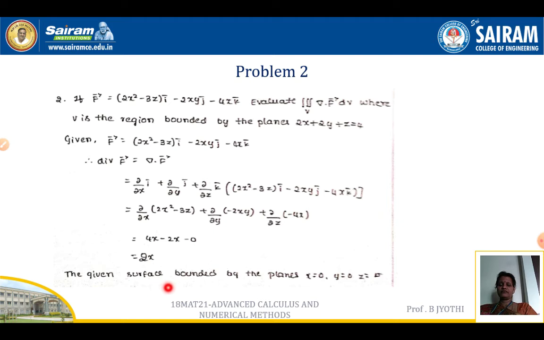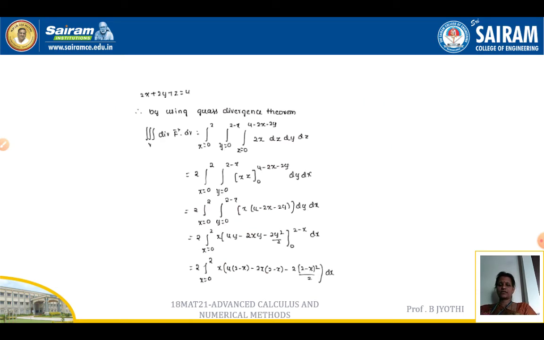The given surface is bounded by the planes x equal to 0, y equal to 0, z equal to 0, and 2x plus 2y plus z equal to 4. By using the Gauss divergence theorem, we get x from 0 to 2, y from 0 to 2 minus x, and z from 0 to 4 minus 2x minus 2y.